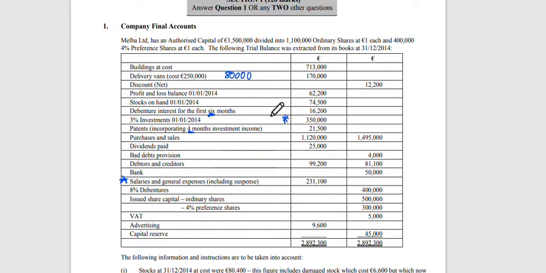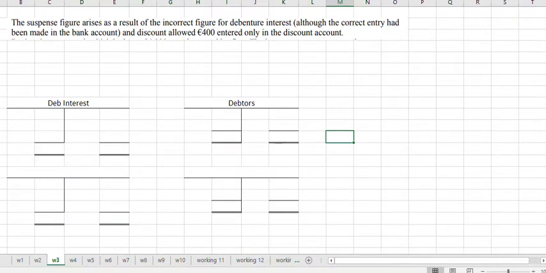And the figure is 231,100. The figure for debenture interest is 16,200. And the figure for debtors is 99,200.